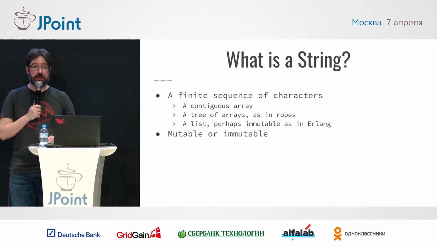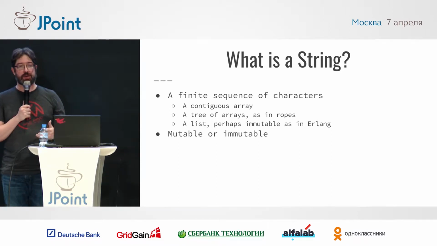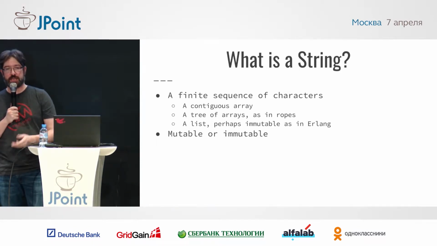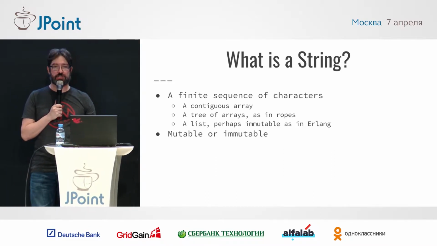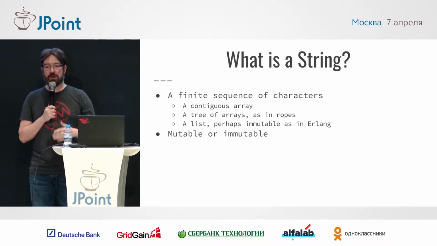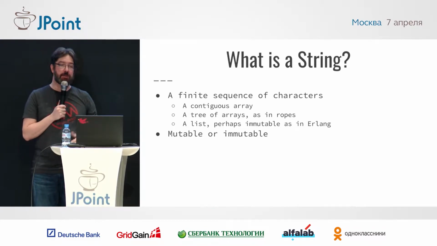And I mentioned mutability and immutability. Most computer language creators now agree that immutable strings are generally the right thing to do. The cost of creating new strings is usually much smaller than the hassle of synchronizing on a mutable string and making sure other people aren't modifying it. But many languages have mutable strings or both as options.